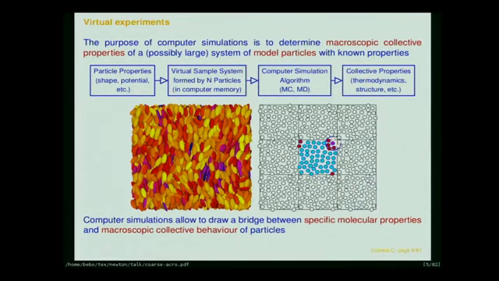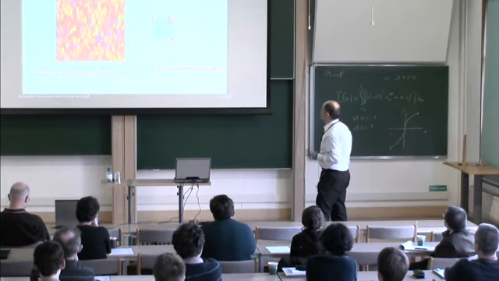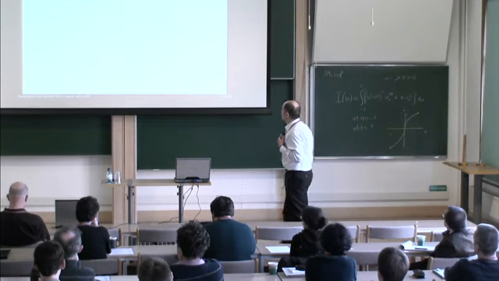Once this part has been accomplished, one can prepare a virtual sample of these particles in the memory of a computer, and then perform a virtual experiment running one of the standard Monte Carlo or molecular dynamics algorithms. Those produce the configurations that can be analyzed. So in my talk, I will spend most of the time talking about pair potentials, and then I will present some results in the final part of the talk.